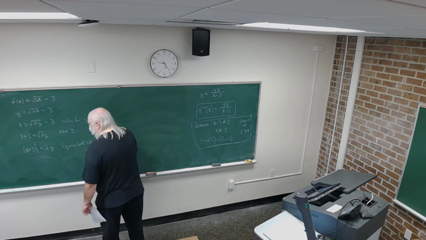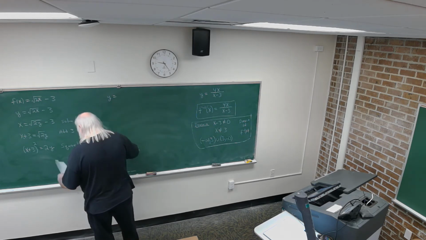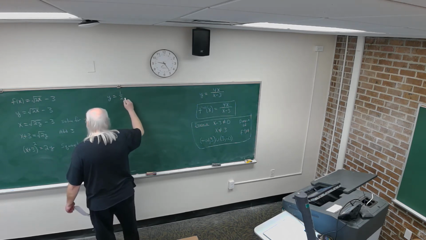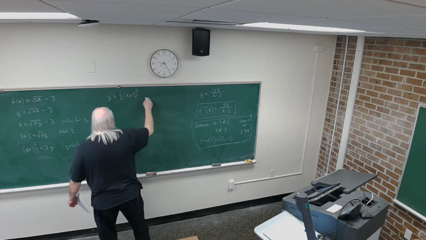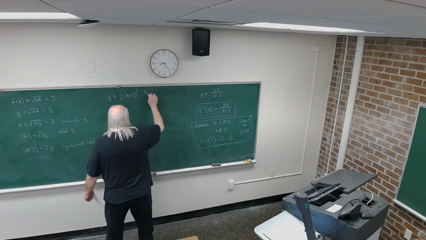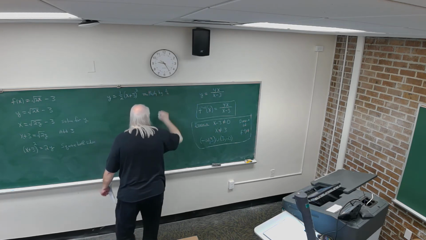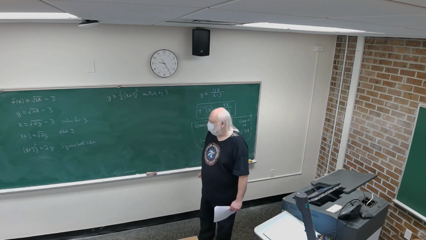And now you divide both sides by 2, and when I switch the 2 sides, I get y is equal to 1/2 times x plus 3 squared. Maybe better to write it as multiply by 1/2. Division by 2 and multiply by 1/2 are the same thing.